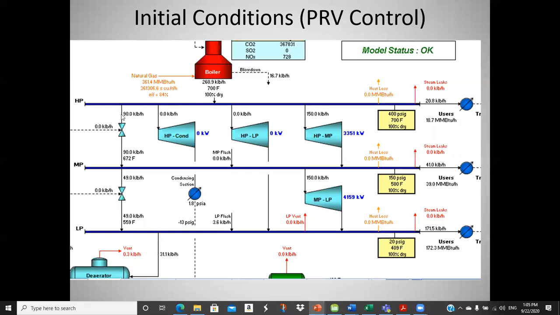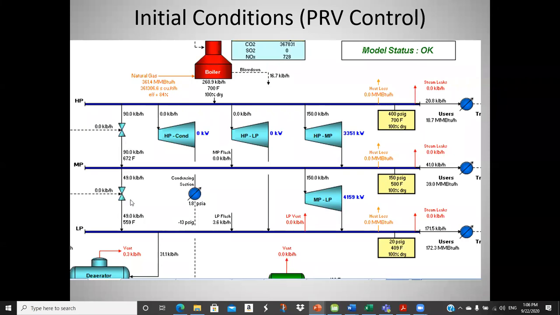So in this case, we had 90,000 pounds an hour going through. This is the pressure reducing valve. This one was going from 400 to 150, and this one was going from 150 to 20 PSIG. I'm passing another 49,000 pounds an hour through this guy. I don't have any spray coming in.